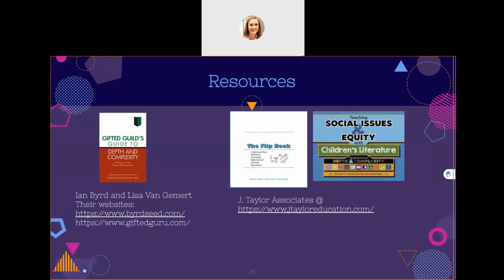Also, J. Taylor Associates has great resources. The flip book is the one that I was using for the task statement. And so there's a flip book 1 and a flip book 2 that you can purchase from J. Taylor Associates. And also they have another book that I used for the presentation called Teaching Social Issues and Equity with Children's Literature.